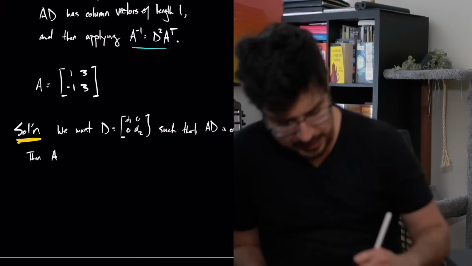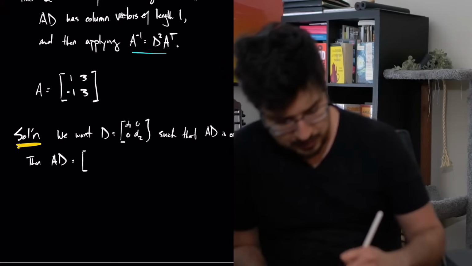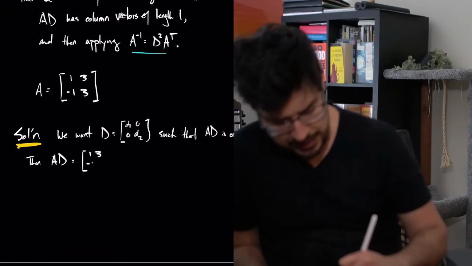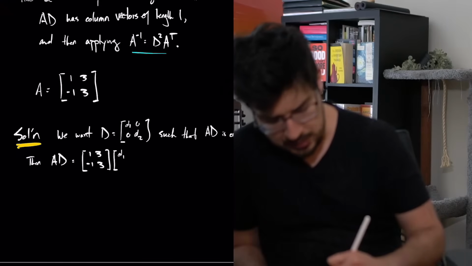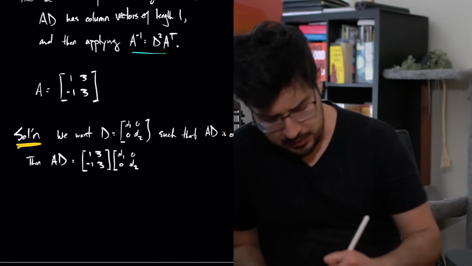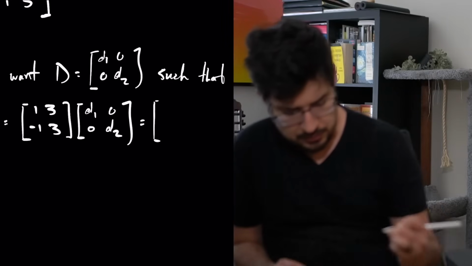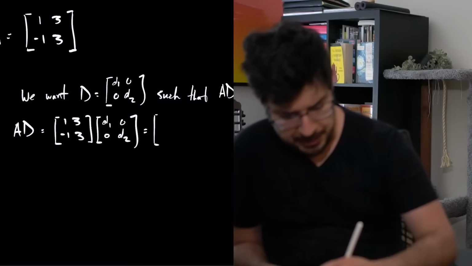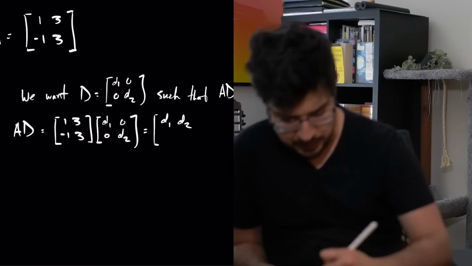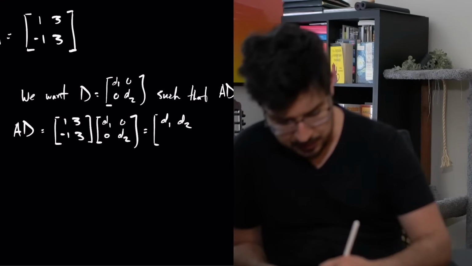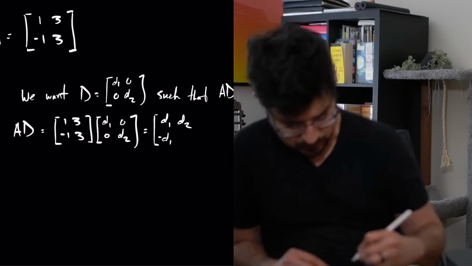Then AD equals 1, 3, negative 1, 3 times some number and some other number. Well, this would be D1, D2, negative D1, and 3D2. Oh, wait. Whoops.